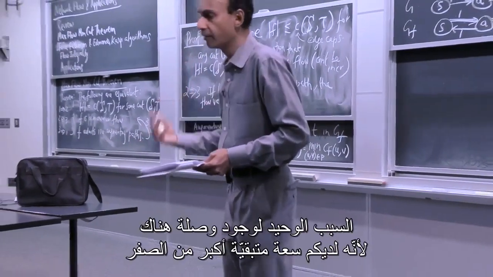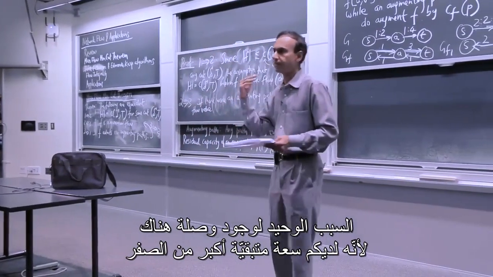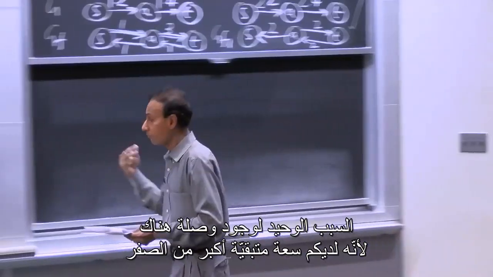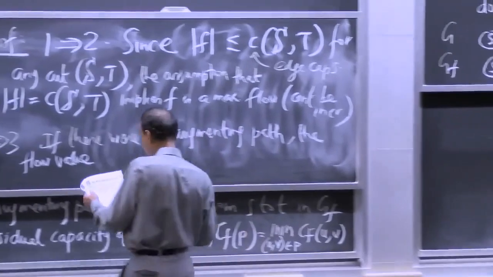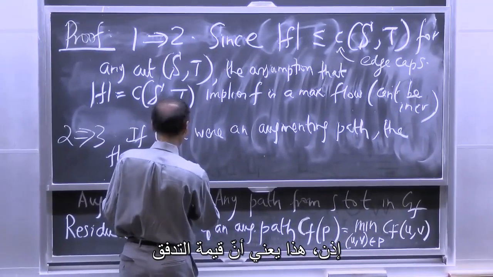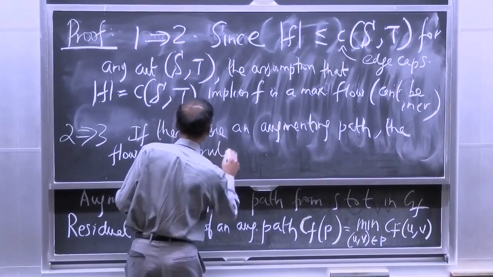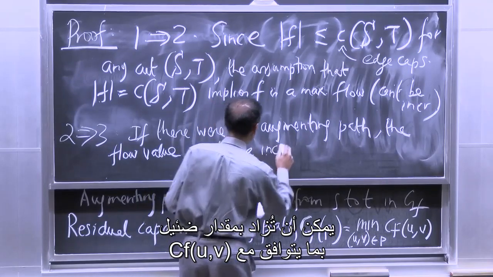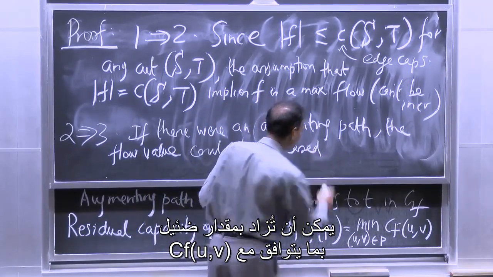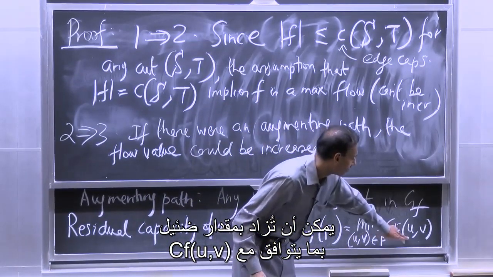The only reason there's an edge in there is because you have a greater than 0 residual capacity. So that means that the flow value could be increased by some small amount corresponding to min c_f(u,v).